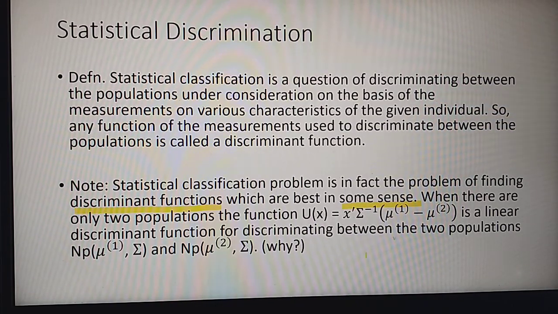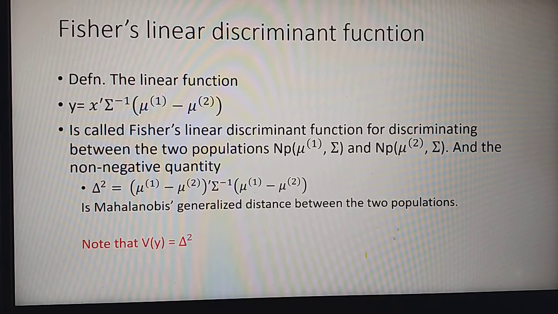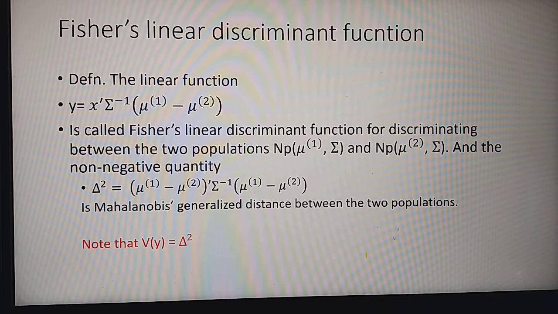Okay, we'll continue. Now, Fisher's linear discriminant function, the definition: the linear function y = x prime sigma inverse (mu1 minus mu2) is called Fisher's linear discriminant function for discriminating between the two populations N_p(mu1, sigma) and N_p(mu2, sigma).